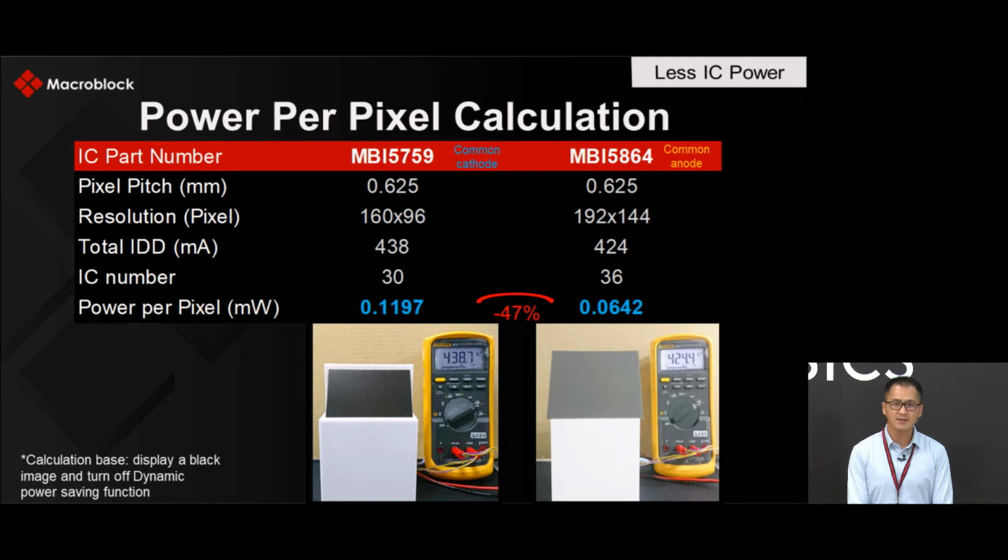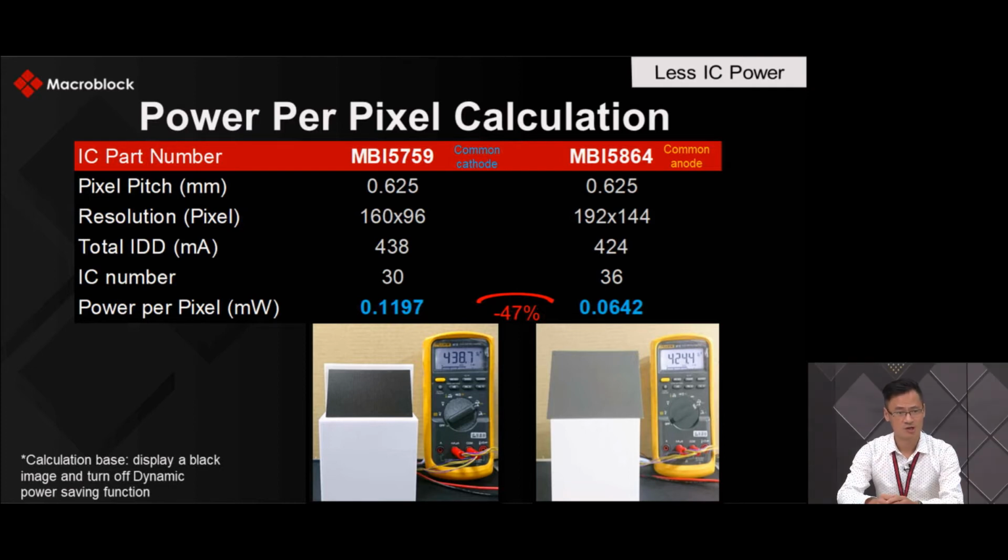We did a test to measure the input current of each panel, with the LED panel displaying a black image and dynamic power saving function turned off. And then we calculated power consumption per pixel. According to the result, power per pixel of MBI 5864 is 47% lower than MBI 5759.